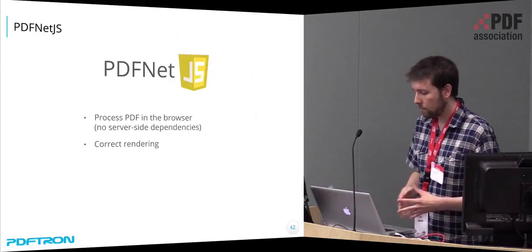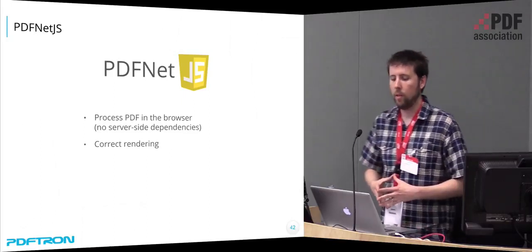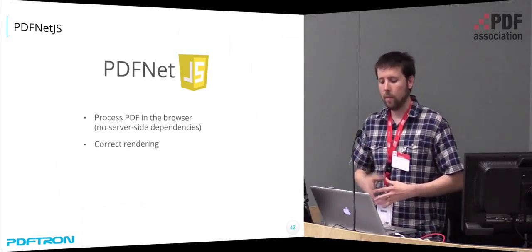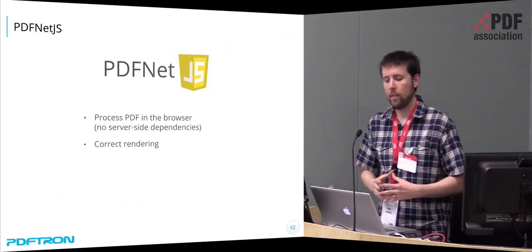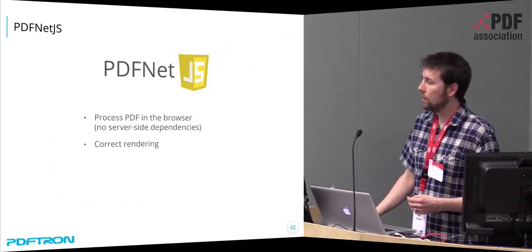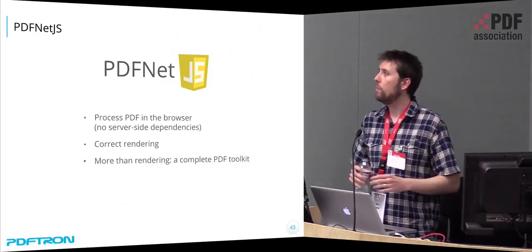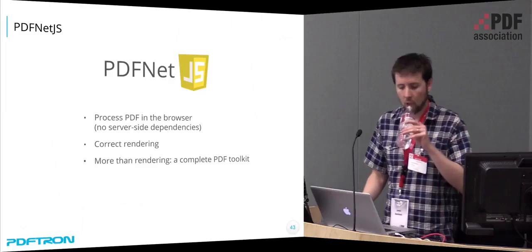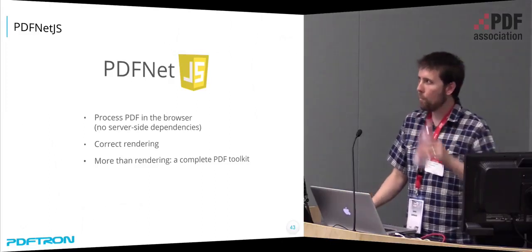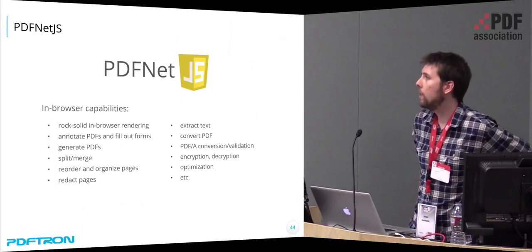PDFNet.js processes the PDF completely in browser, entirely client-side without any server component, and gives you the correct rendering. And then beyond rendering, which is really awesome, is this complete PDF toolkit, meaning it does far more than just rendering.